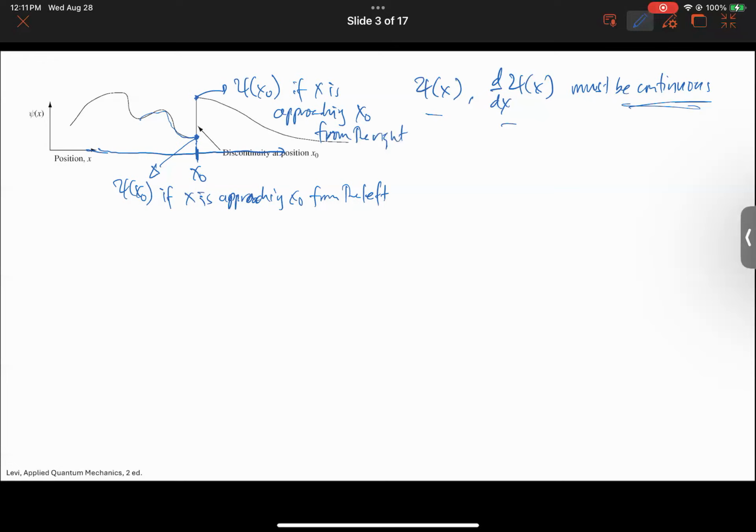So from the right, ibig sabihin dito siya nag-approach towards the left. Yan yung value. So makikita niyo na discontinuous siya at x naught. Magkaiba yung value ng psi of x naught dito at saka yung value ng psi of x naught dito.